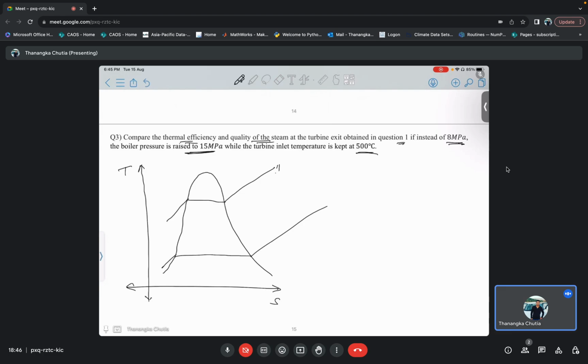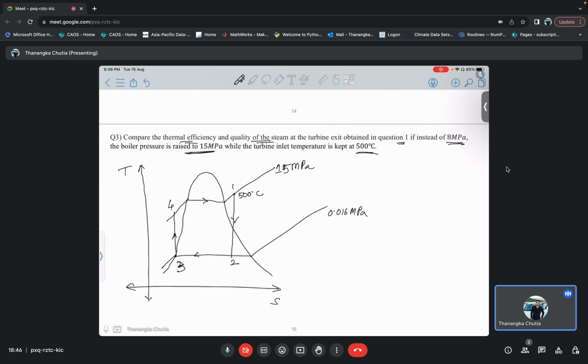So now this is 15 megapascal, and this is the same 0.016 megapascal. And now this temperature, this state 1, is 500 degrees Celsius. And this is 0.2, this is 0.3, and this is 0.4, okay.